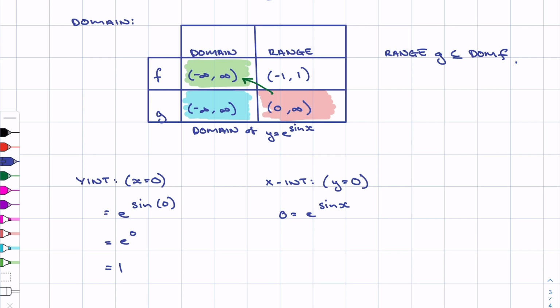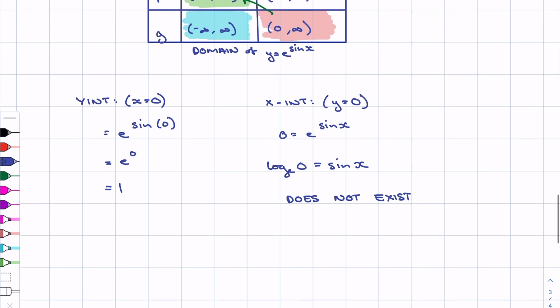Okay, what I would do if I'm dealing with this is log e of 0 equals sine x. Just want to note that log of 0 is undefined, therefore this does not exist.